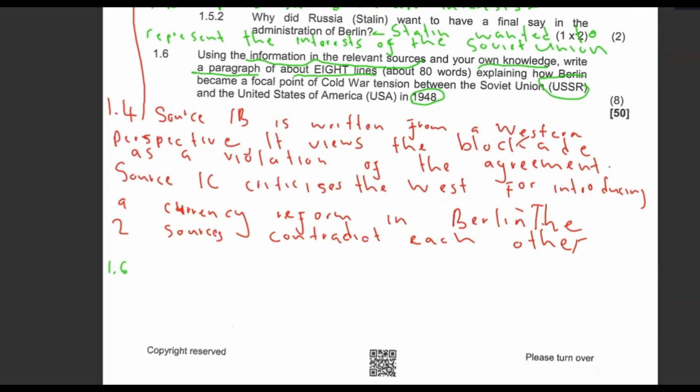the first statement is that you can start by saying that the city of Berlin became a focal point in the Cold War.